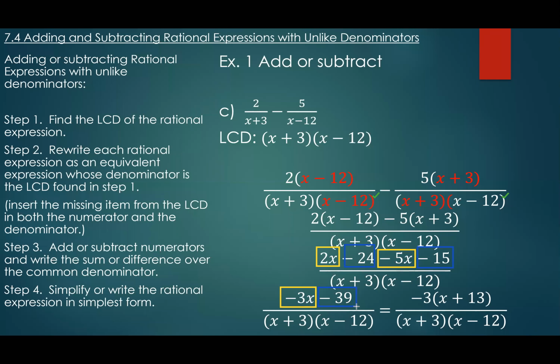And yes, you can take out a negative 3 because 3 can go into this, but there's nothing to cancel them out, so you don't really need to factor them out. You can give me this answer or you can give me this answer here.